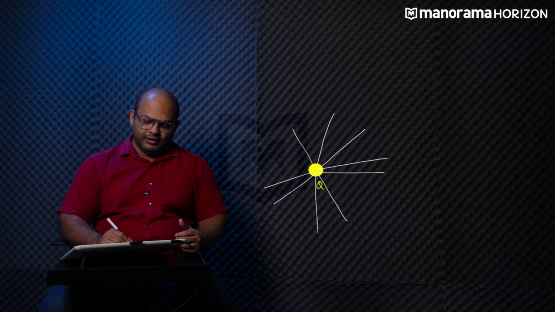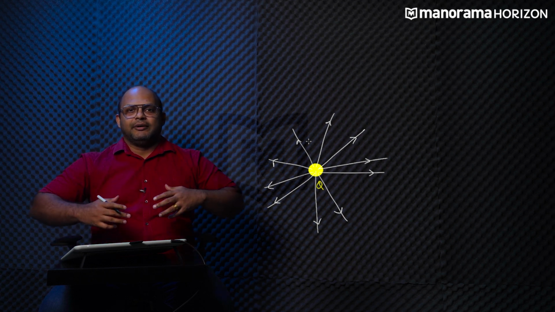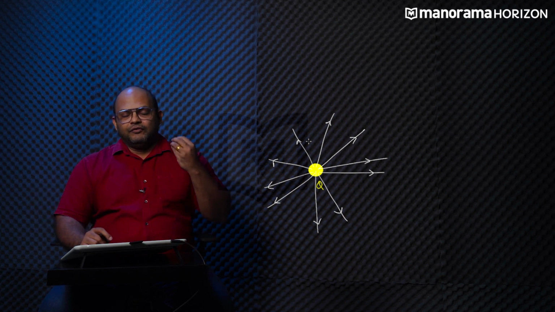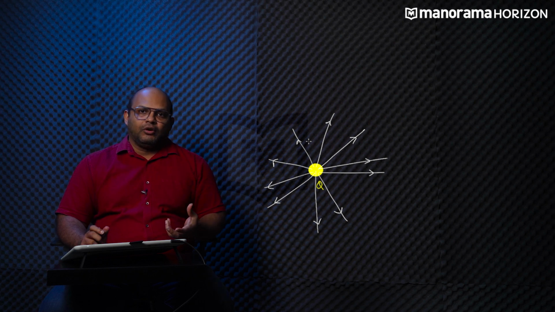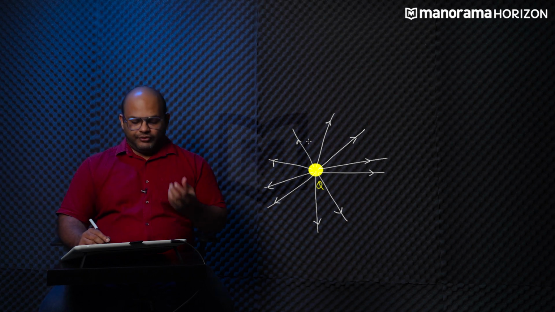And the convention that we follow is that for positive charges, the radiation of these lines points outwards. So they are radiating outwards. Please note, nothing is physically moving on those lines. It is not as if the charge is emitting some kind of radiation, but we consider the orientation of these electrical field lines to be outwards in the case of positive charges.